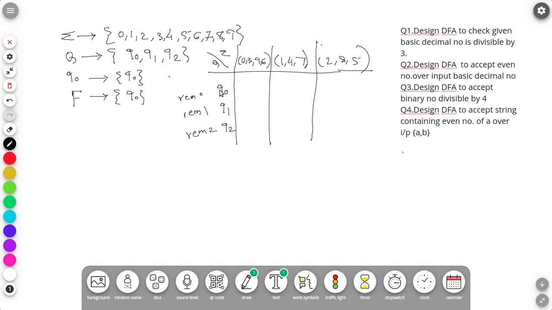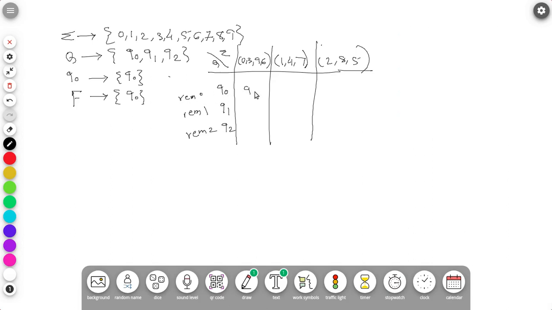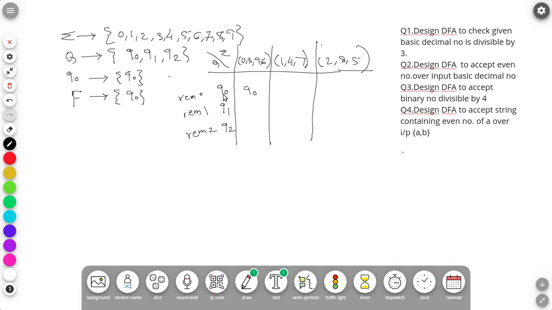So Q0 with 0: 0 generates the decimal number 0. 0 divided by 3 gives 0, so it is totally divisible, so for remainder 0 we have the state Q0. Then Q0 with 1 generates decimal 1. 1 divided by 3 gives remainder 1. Then Q0 with 2 has remainder 2, so we go to state Q2.